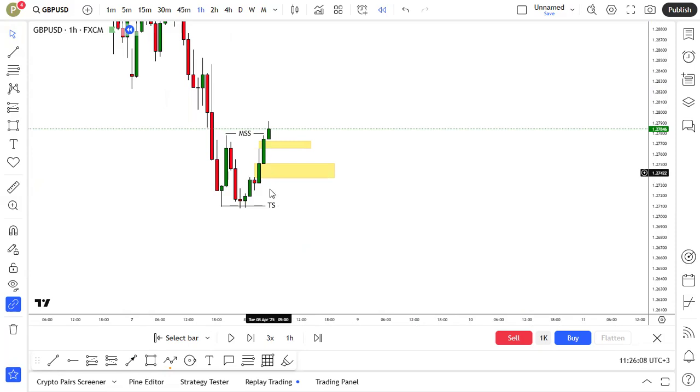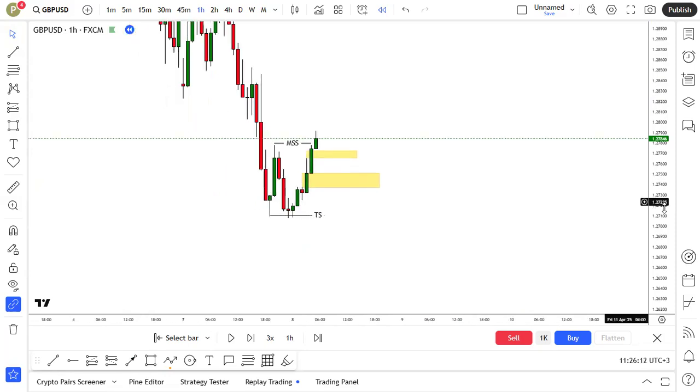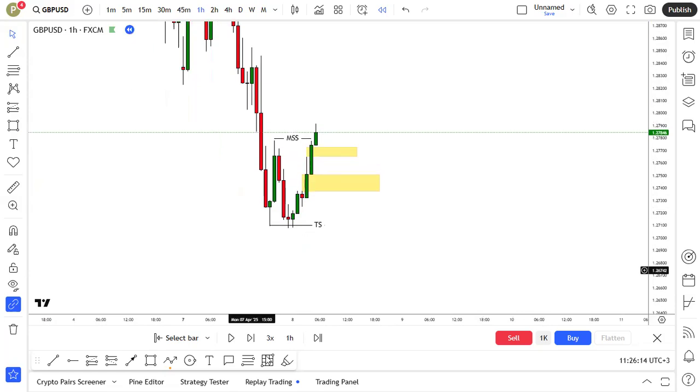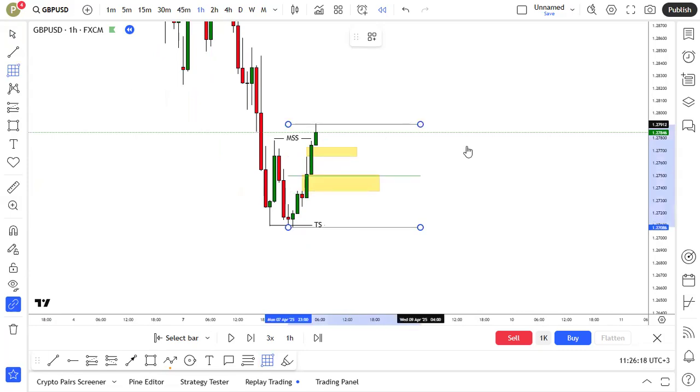Why? Because when we are looking for buys, we need to focus on the discount level. If we mark it like that, from the green line here, this is where the equilibrium line is, and down here discount starts. That's our discount level.